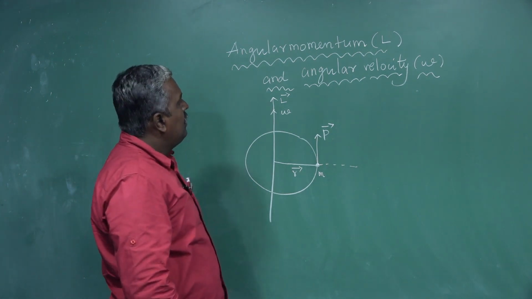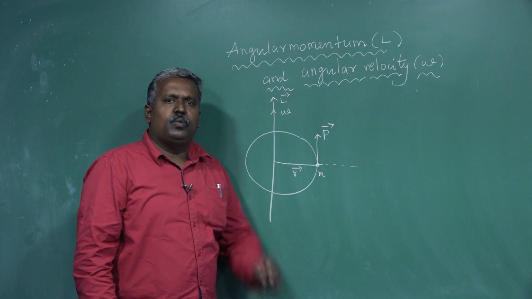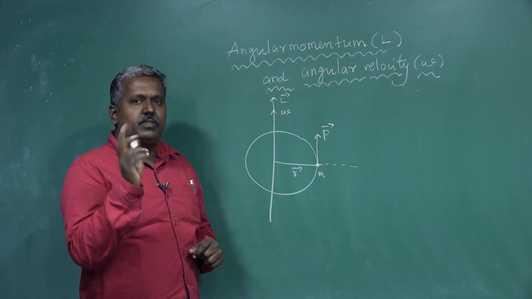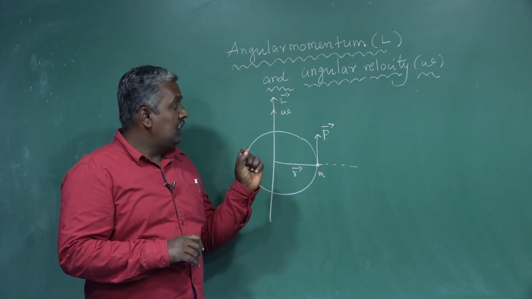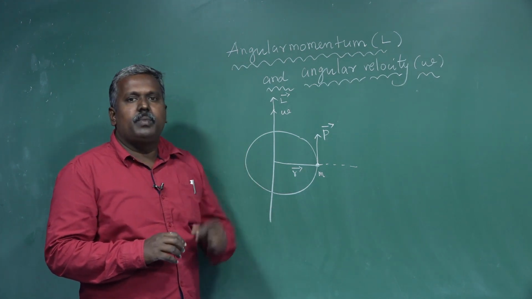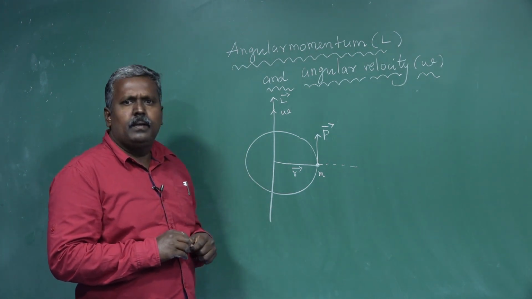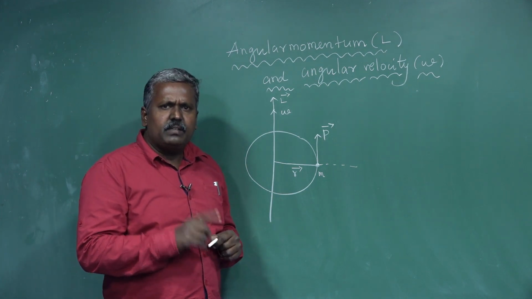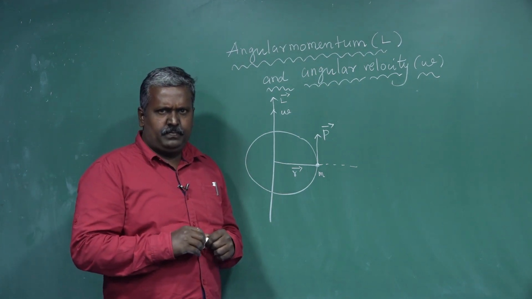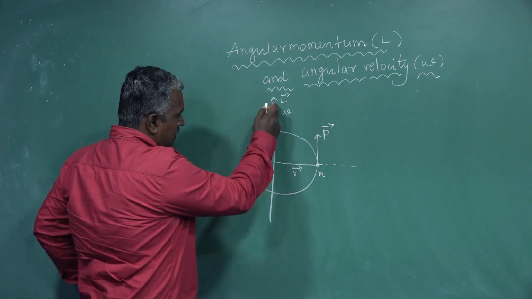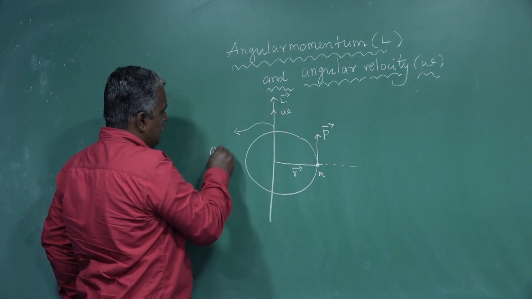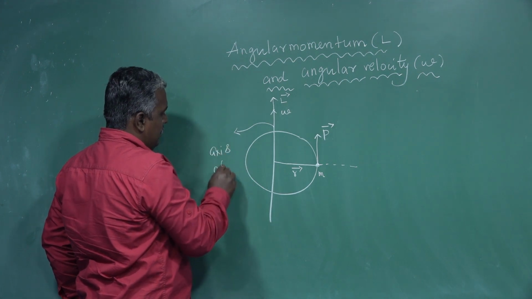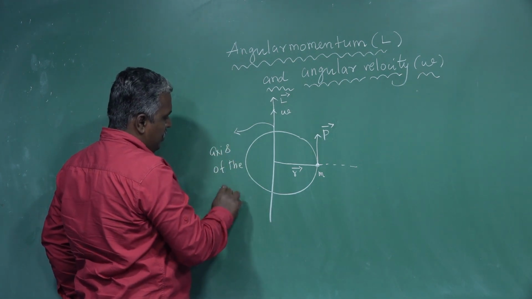Here, let us consider one rigid body. Already you have studied about a rigid body. Remember? Let us consider one rigid body rotating about its fixed axis. So here this line is the axis of the rotation.